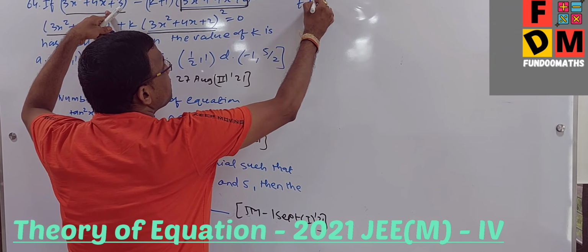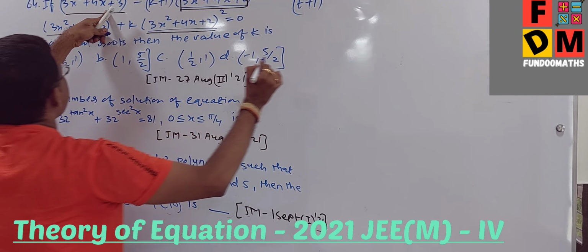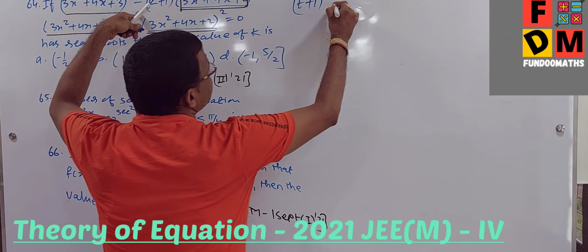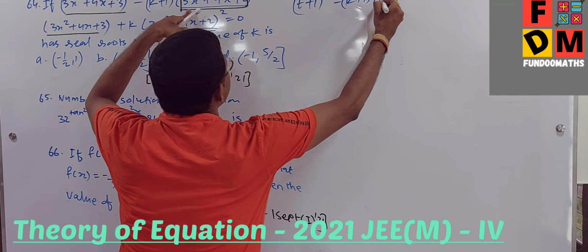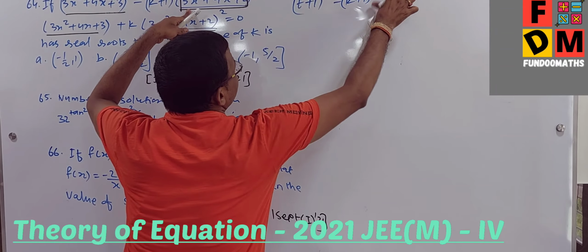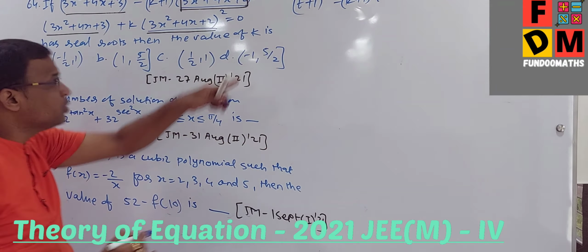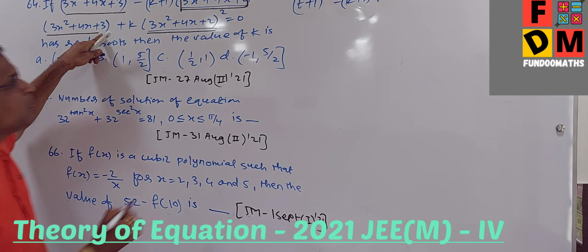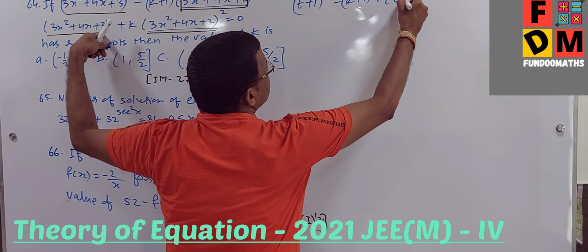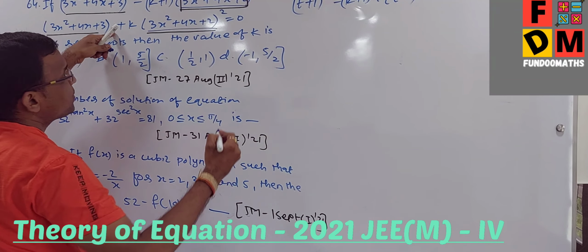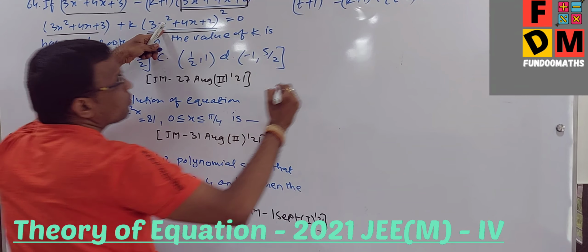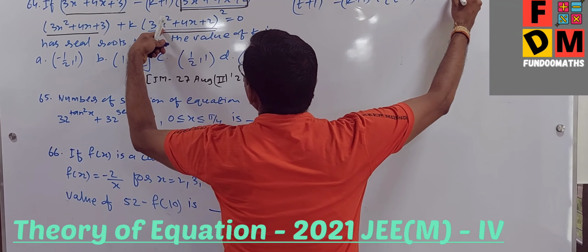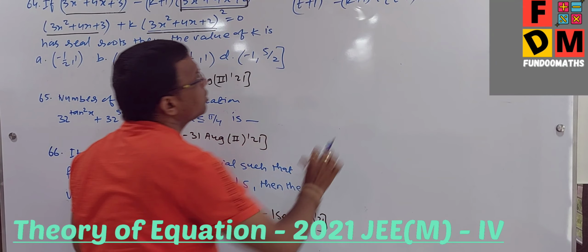I am writing it here minus k plus 1 times it is t, because it is plus 2, multiplied by it is t plus 1, plus k times this one is t square, and is equal to 0. That is the relation I am getting.